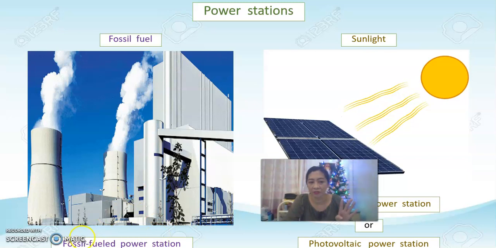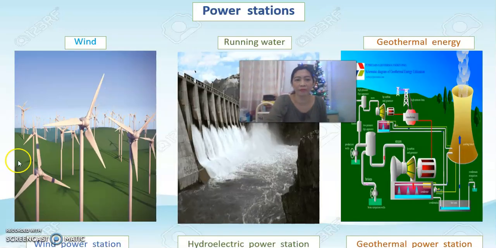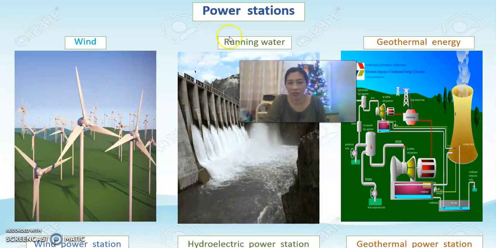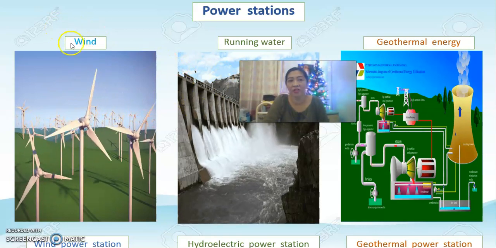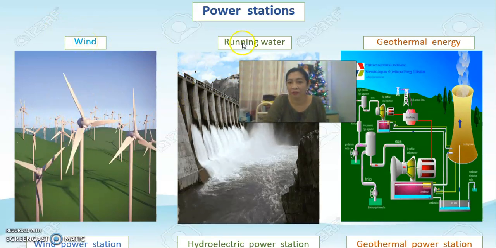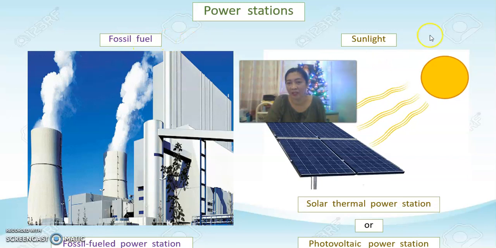Number 4 is fossil fuel power station. Number 5 is solar thermal power station or photovoltaic power station. Every power station has energy sources: wind, running water, geothermal energy, fossil fuel, and sunlight.